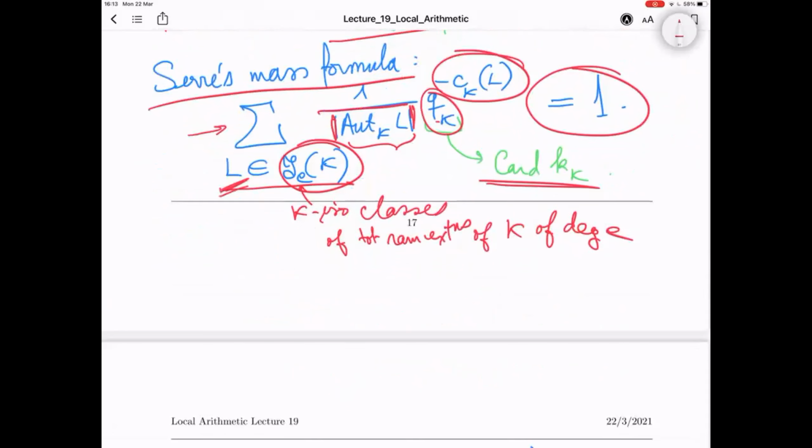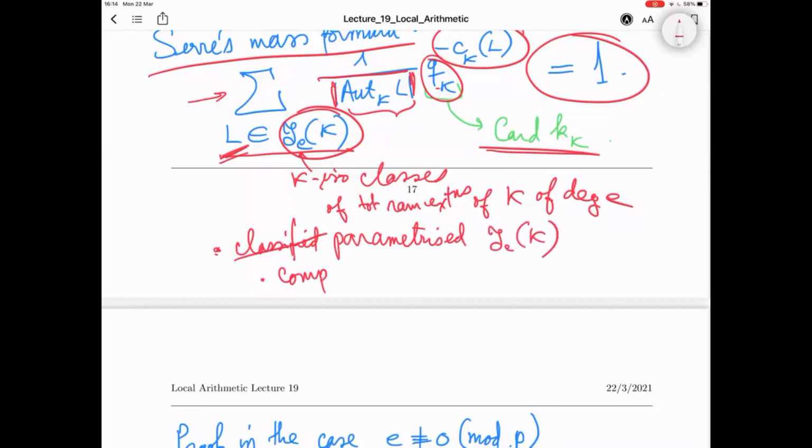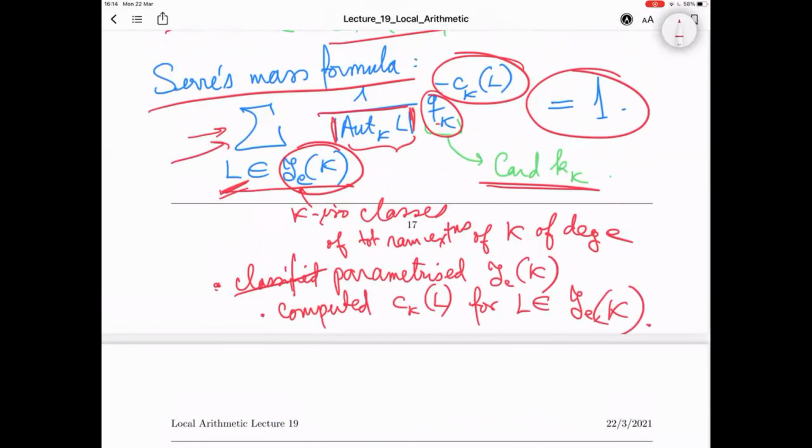We have classified, or rather, in fact, we have parametrized, that's a better word, this set T, E, K. And we have computed CK of L for every L in this T, E, K. And therefore, it should be possible to just evaluate this sum, right?